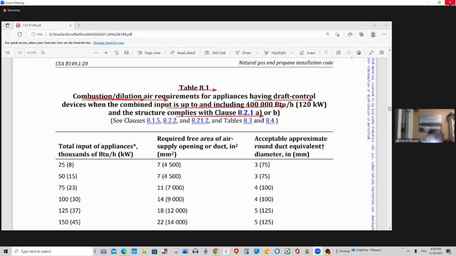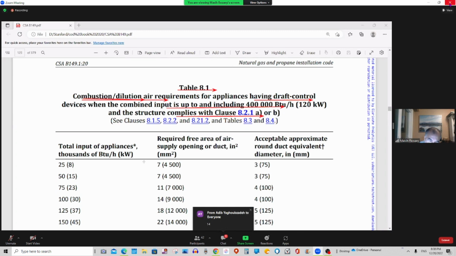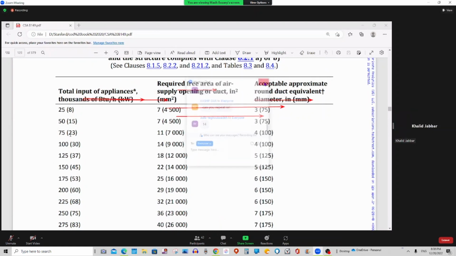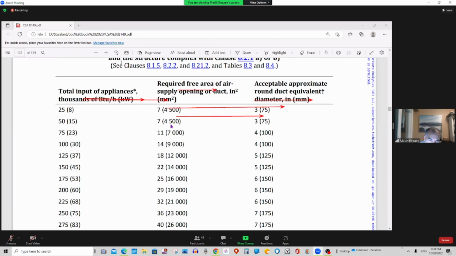Okay, this one I'm going to solve, and then we go to the next one. First, I said draft control. I said 80,000, and I said tight house. So on this one, we go here. 80,000, we don't have it, so I put my ruler in front of 100,000 BTU.